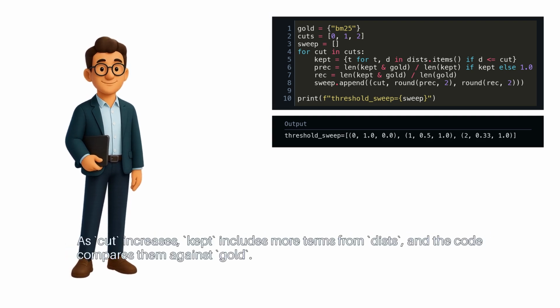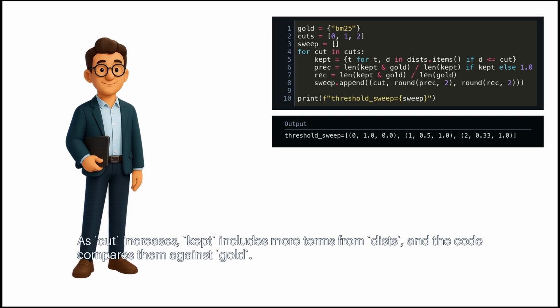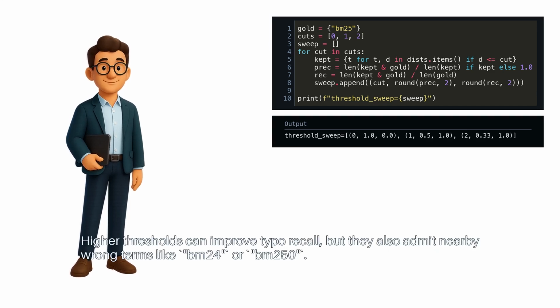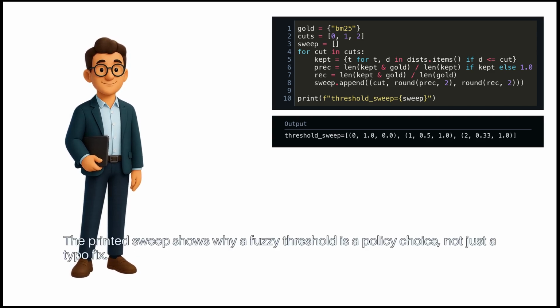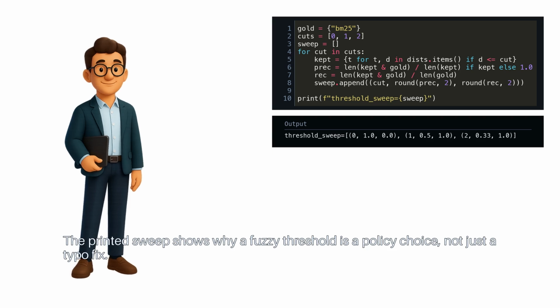As cut increases, kept includes more terms from dists, and the code compares them against gold. Higher thresholds can improve typo recall, but they also admit nearby wrong terms like BM24 or BM250. The printed sweep shows why a fuzzy threshold is a policy choice, not just a typo fix.